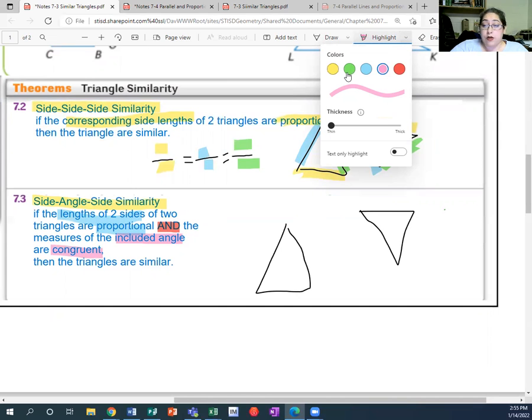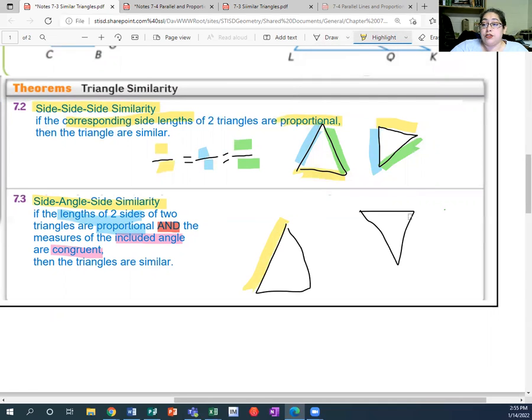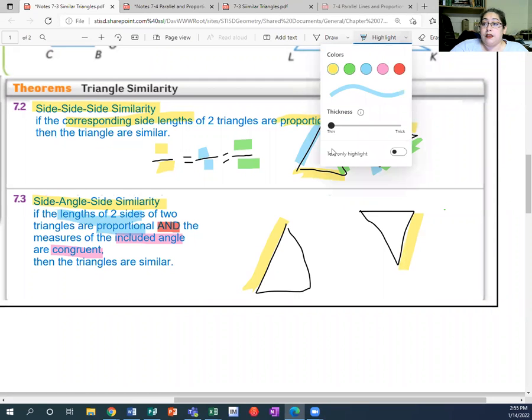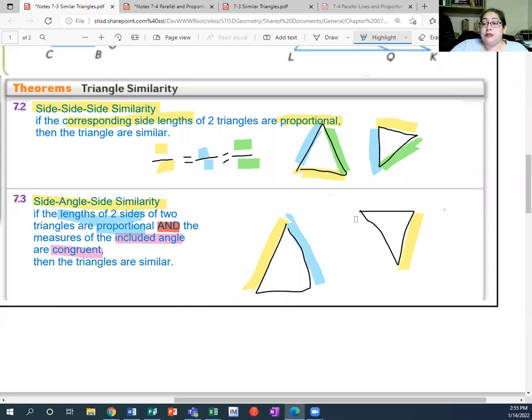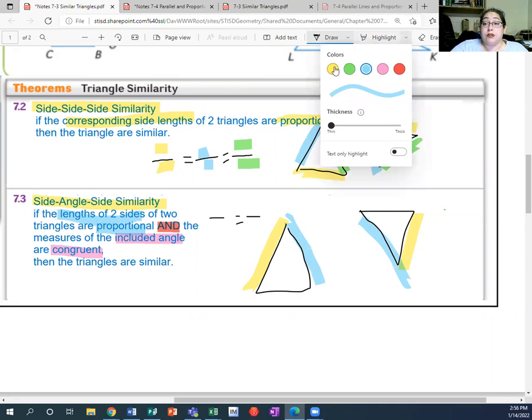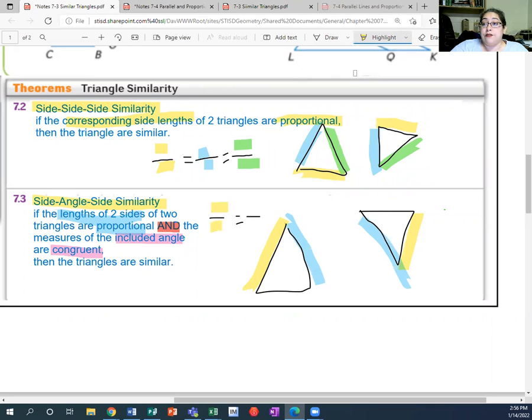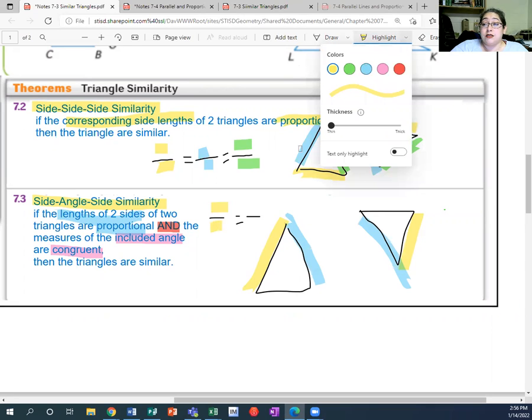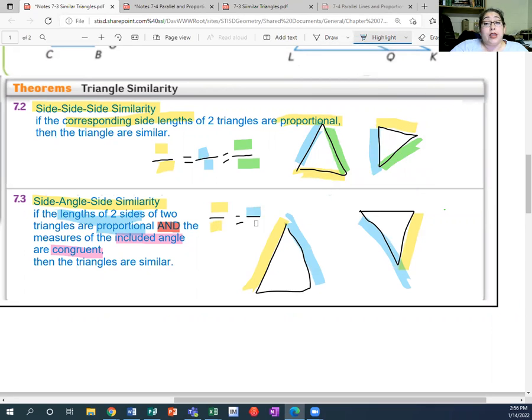All right, let's talk about what all that means real quick. The length of two sides being proportional, that's any two sides in our triangle, being able to be written in such a way that the fractions we create with their measurements are equal to each other. So it's going to feel a lot like the one we just talked about, but you only have to do it with two sides.